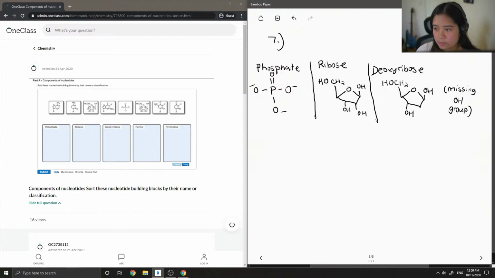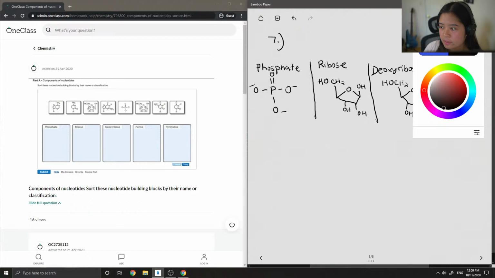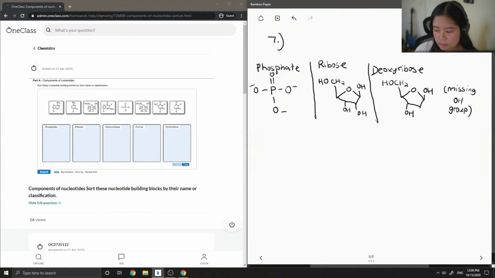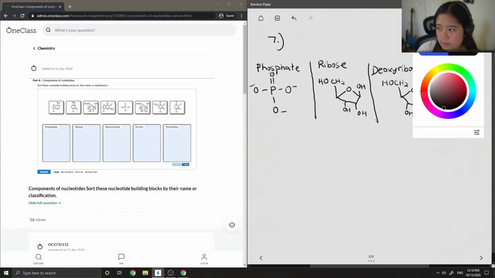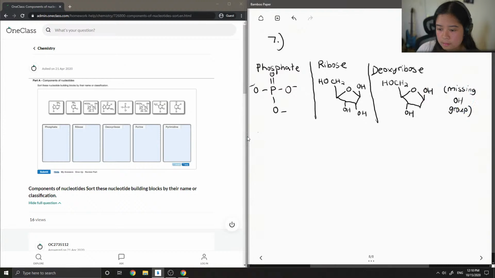Okay, so next we're going to classify the rest of them as either purines or pyrimidines. Change the color. So basically with your purine, there are 2 rings involved.